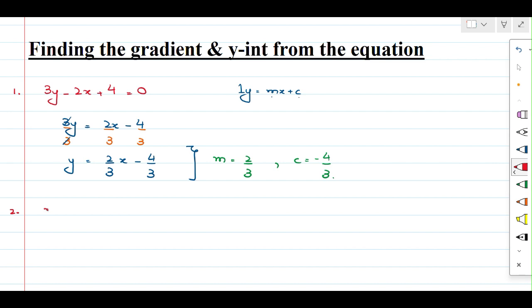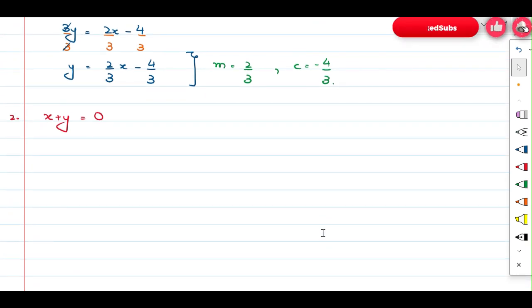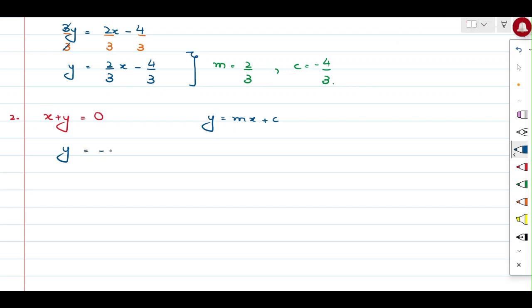If I have the equation x plus y equals 0, again this is a straight line as well. We have to convert it into the form y equals mx plus c, which means keep the y on the left and the other terms on the right. So y is already on the left. Shift this x to the right side, it becomes minus x, and there is nothing else, so plus 0.